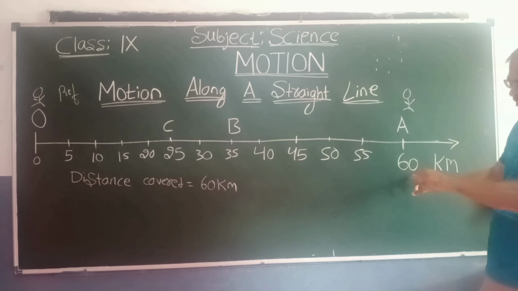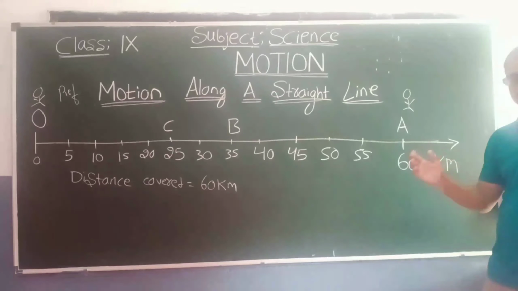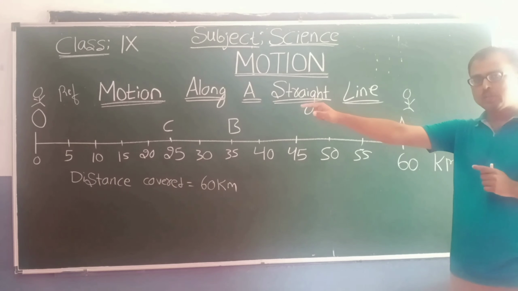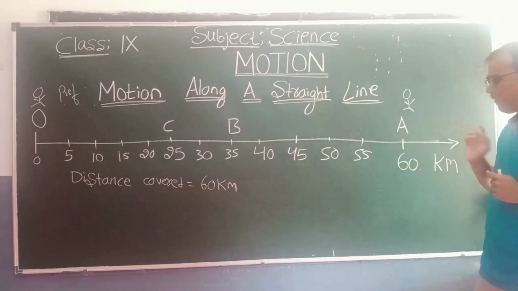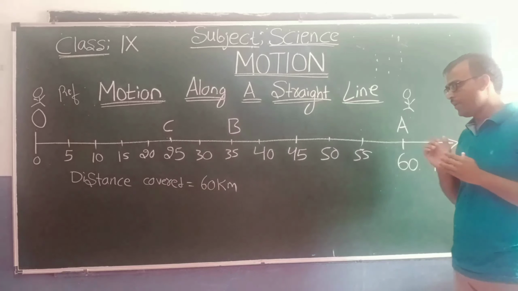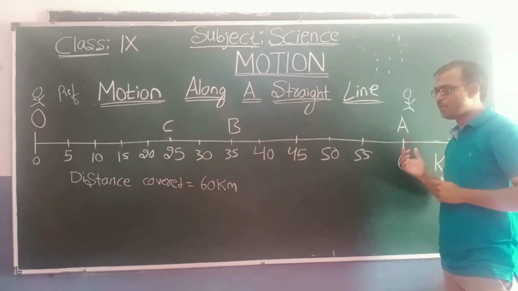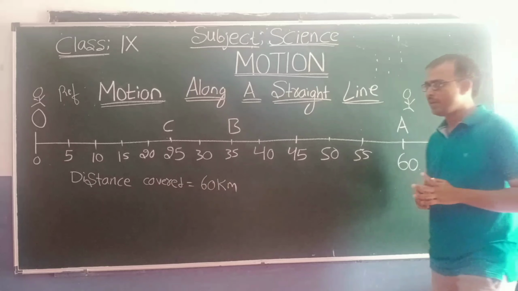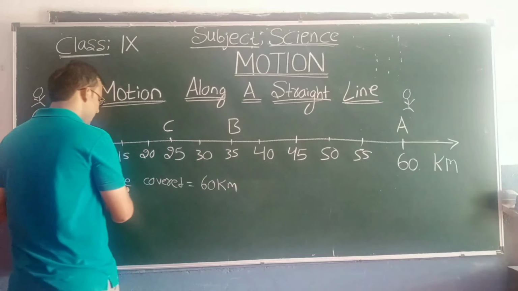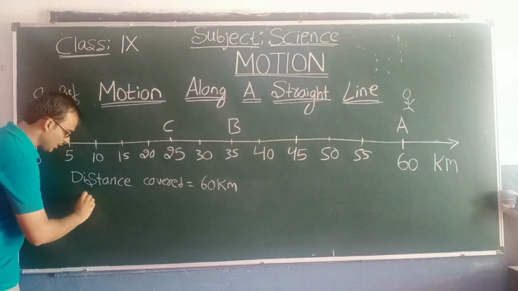Look here, there 0 and here 60. So O is the initial point and A is the final point, and the distance between the initial point and final point is 60 kilometers. That's why in this case the distance covered is also 60, and the displacement.